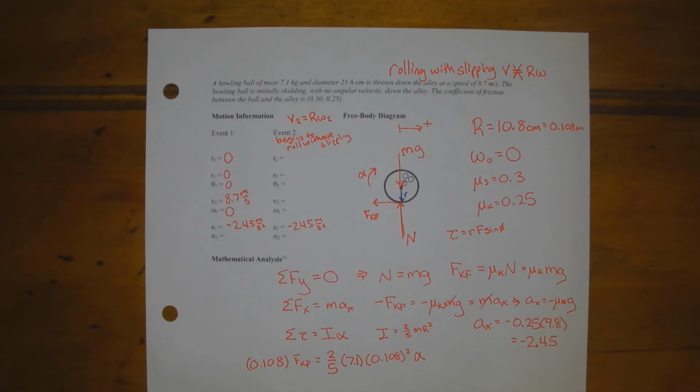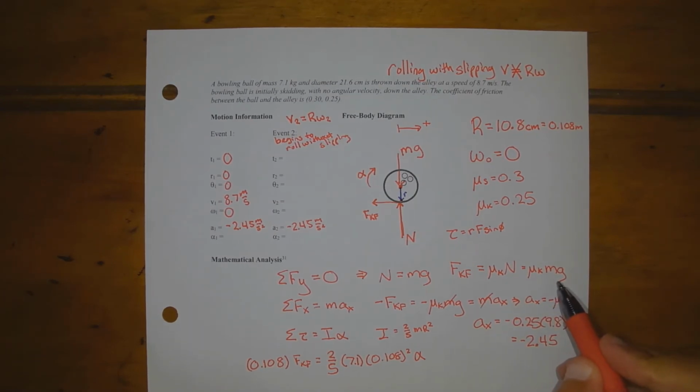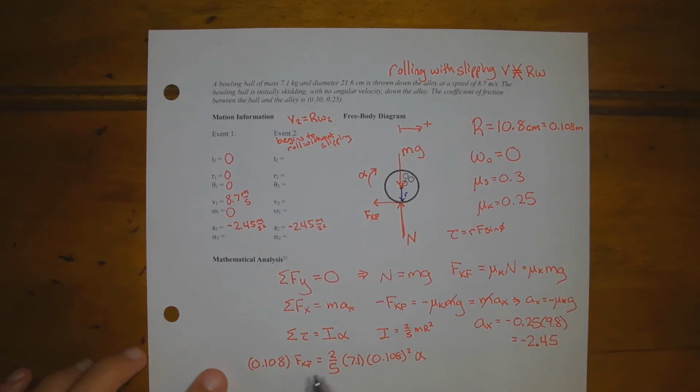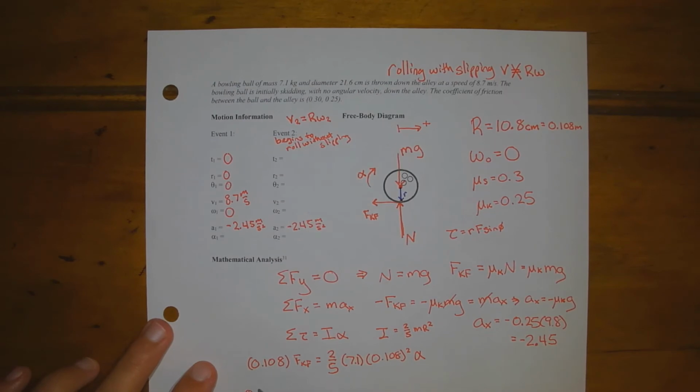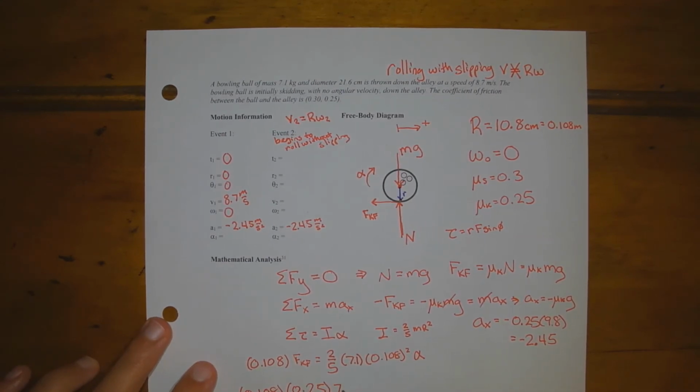And the force of kinetic friction is equal to mu k times mg. So I can put that in here. So I have 0.108. Mu k is equal to 0.25. The mass is equal to 7.1. And g is equal to 9.8.